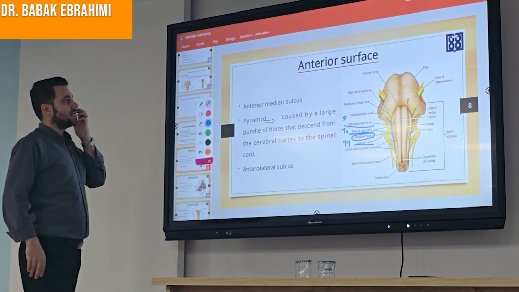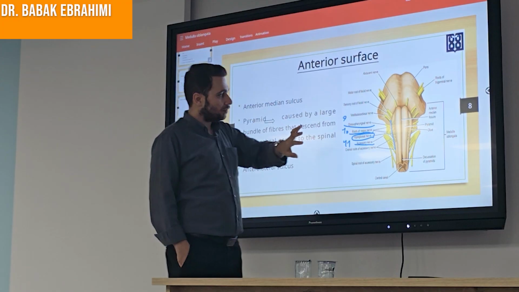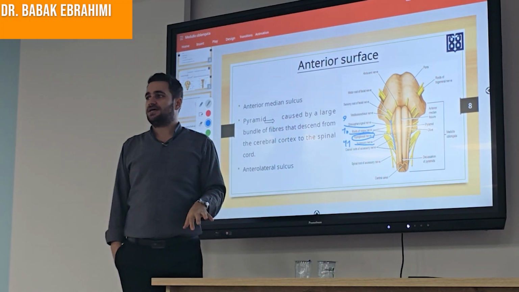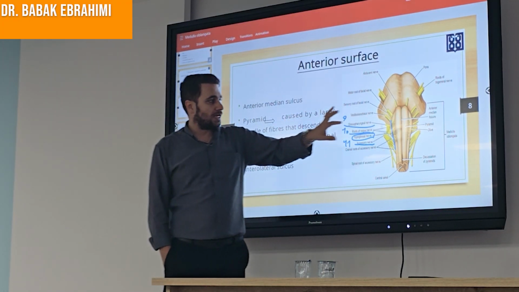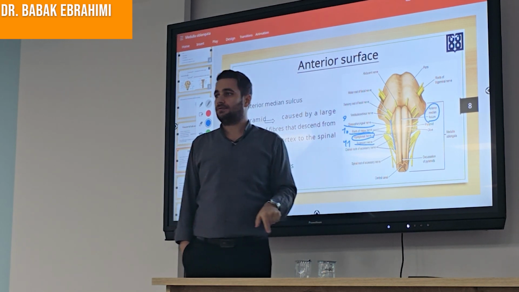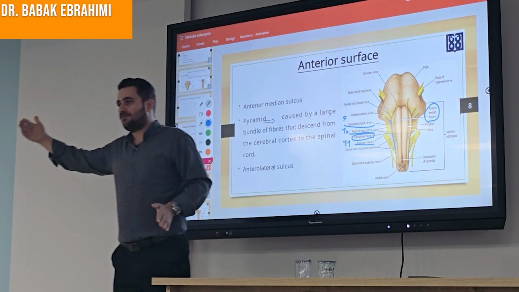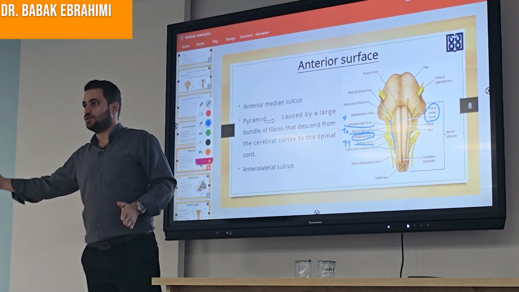These are the sulci that we have in the medulla oblongata. If you look at the anterior surface, I told you we have the anterior median fissure. After that, we have the anterolateral sulcus.